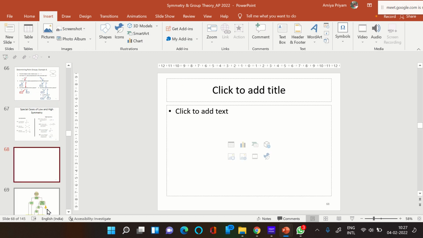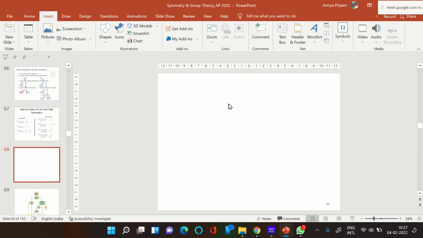You can visualize, so you think of a CH4 molecule, then suppose we replace it by one, CH3Cl, CH2Cl2, CH.